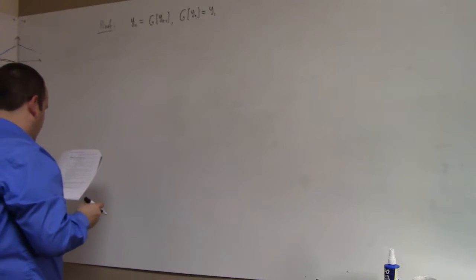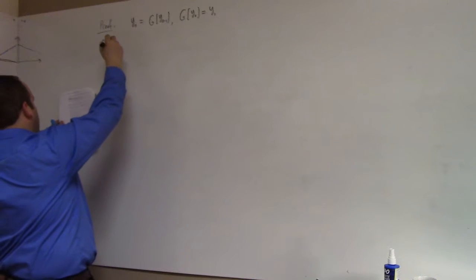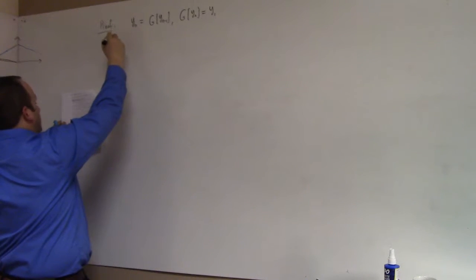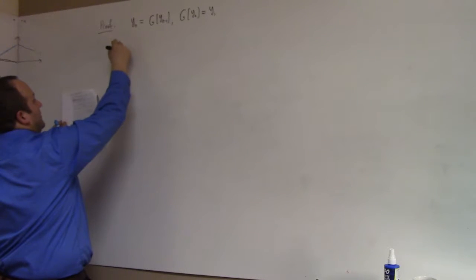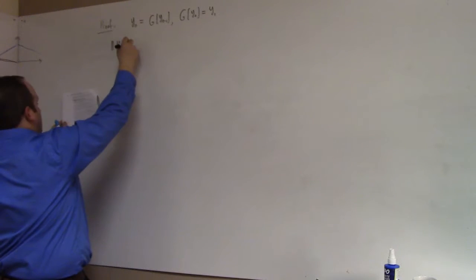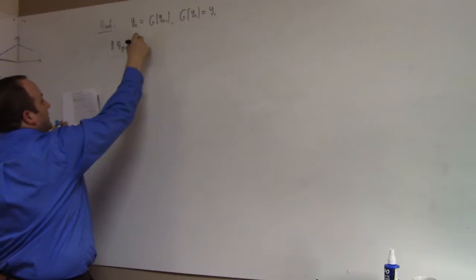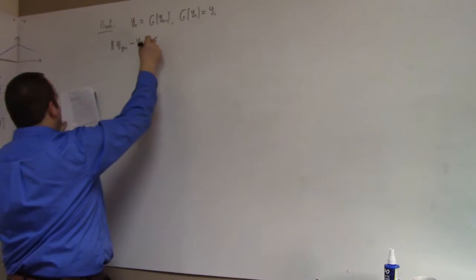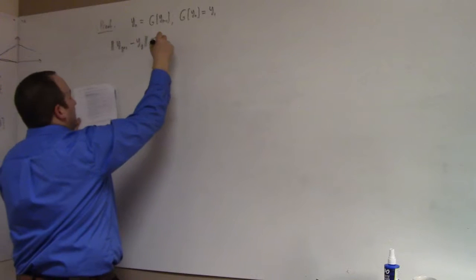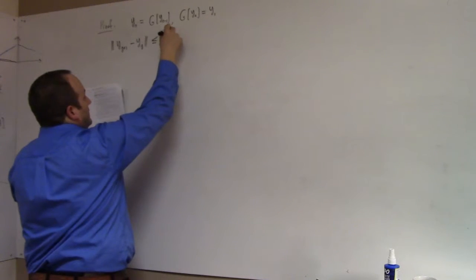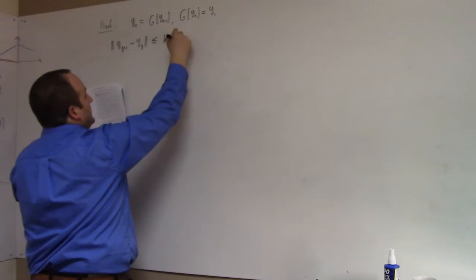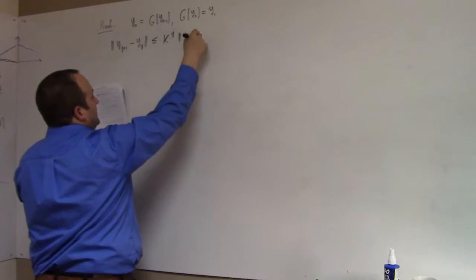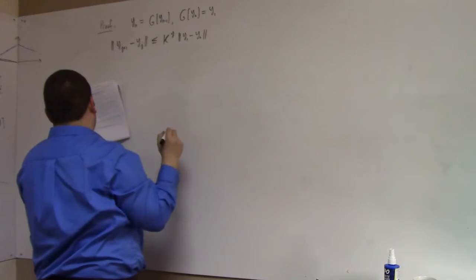All right, so he says that if we look at the norm of y sub j plus 1 minus y sub j, you can show that that's less than or equal to k to the j times the norm of y1 minus y naught. Of course, that's a specific number, that last thing.